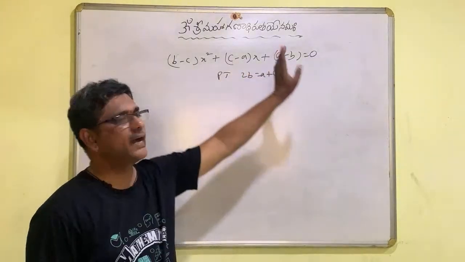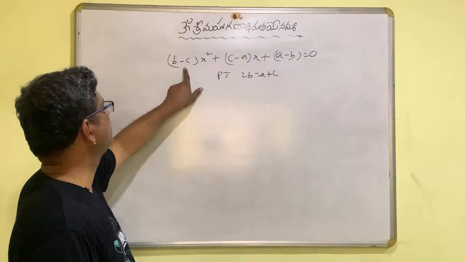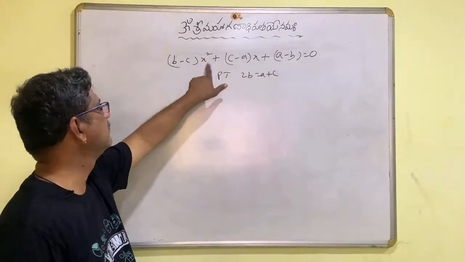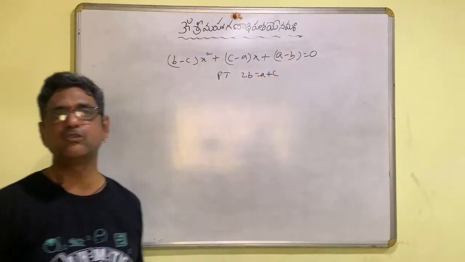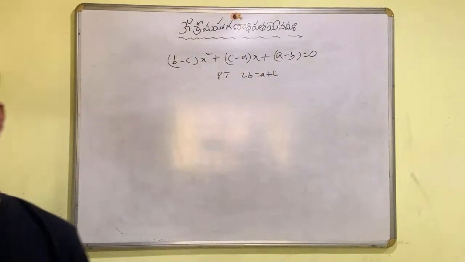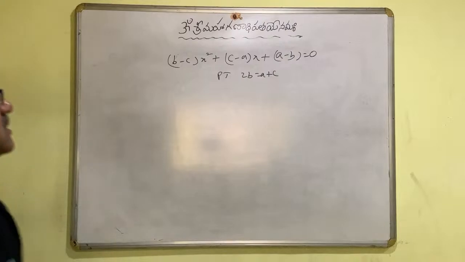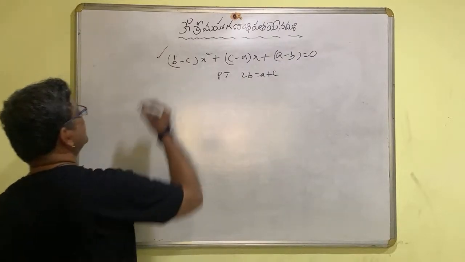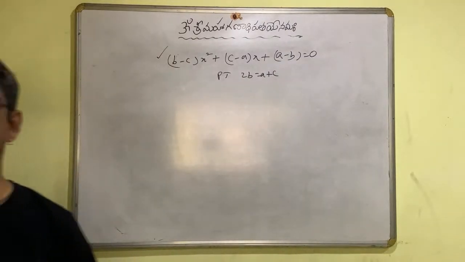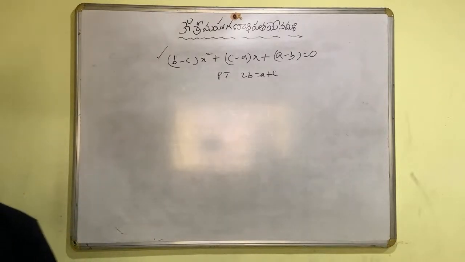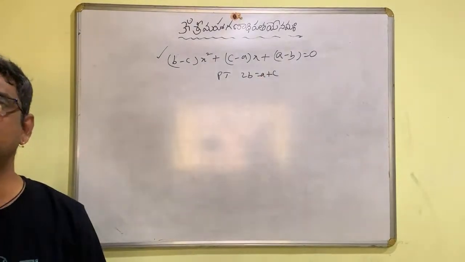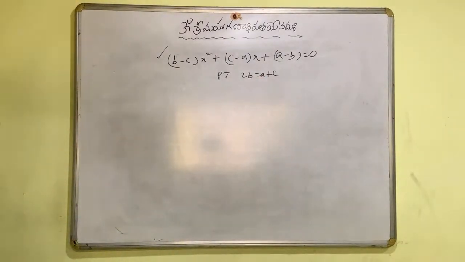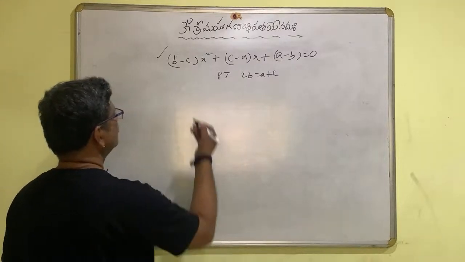Roots of this quadratic equation, b minus c into x square plus c minus a into x plus a minus b is equal to 0, are equal roots. That means this equation is a perfect square. It is having equal roots, so its discriminant is 0. What we have to prove is 2b is equal to a plus c.